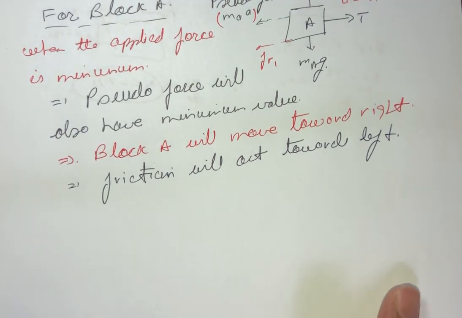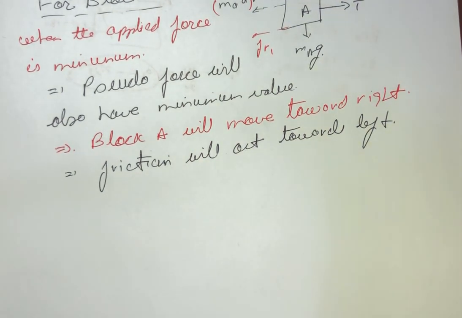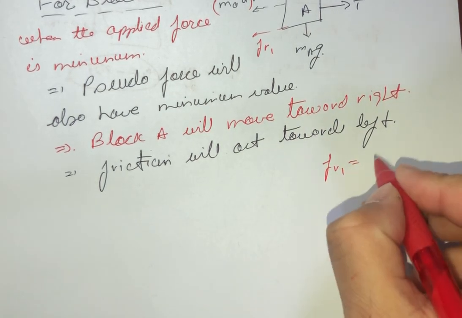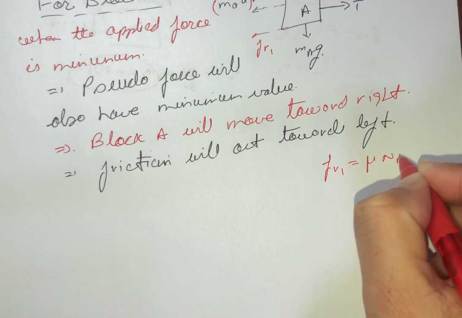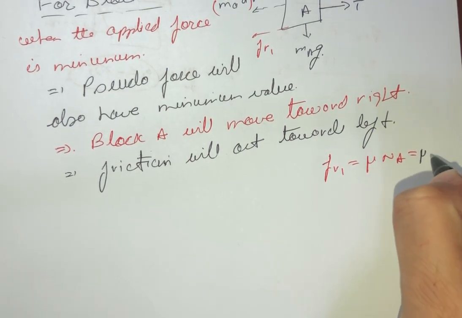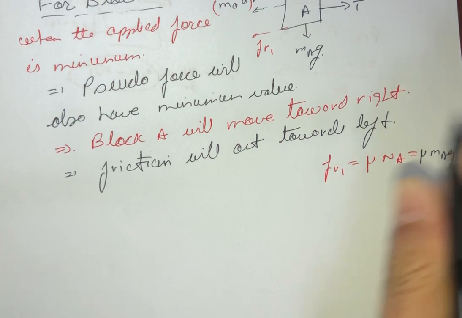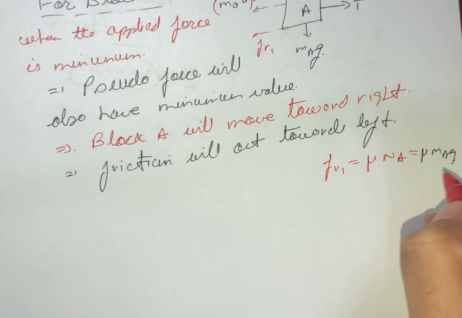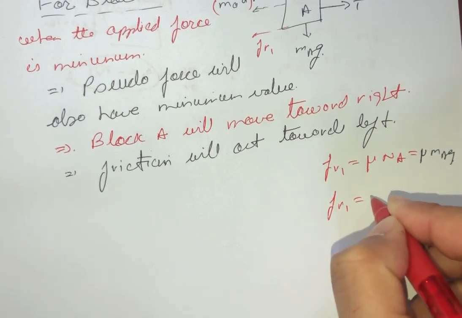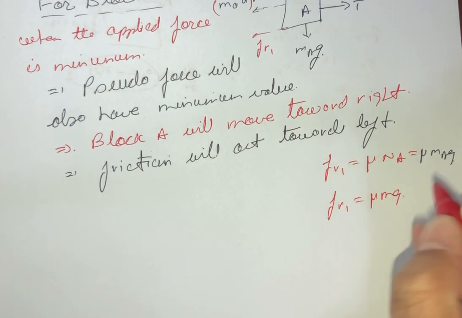So we can find out the value of the frictional force Fr1. We can say Fr1 will be equal to mu into NA, and NA is mAg, so this will be mu into mAg, and as mA is equal to mass m, Fr1 will be equal to mu mg.